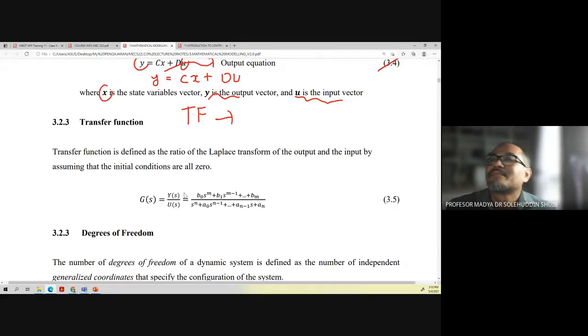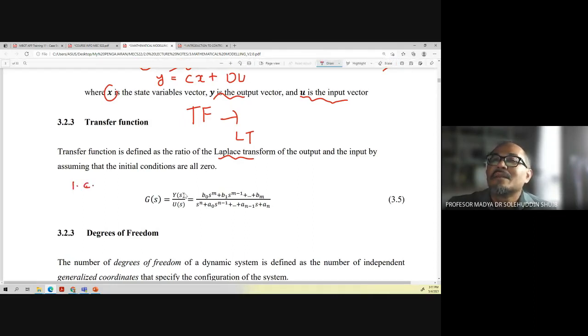The transfer function is related to the Laplace transform. It's the ratio of the Laplace transform of the output to the input, assuming that the initial conditions are all zero.